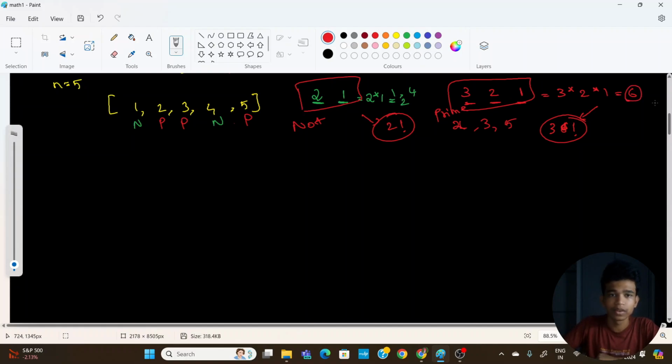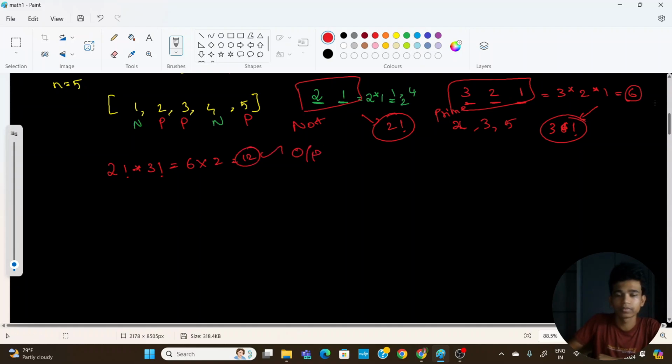And there are already 2 ways for the non-primes. So if I multiply this 2 and this 6, I get the total number of ways. So just multiply 2 factorial into 3 factorial, which is 2 into 6, equal to 12. So 12 is my answer. This is my output.